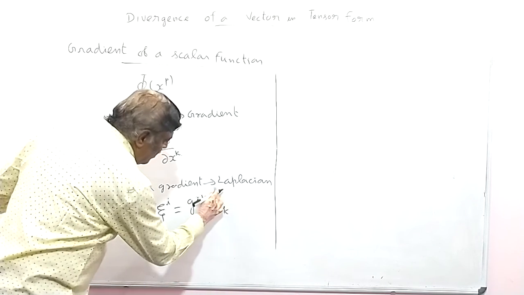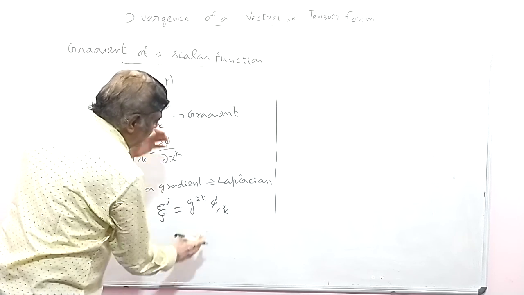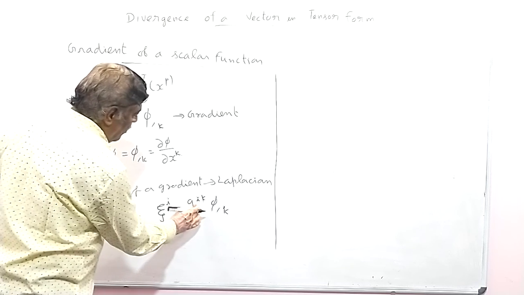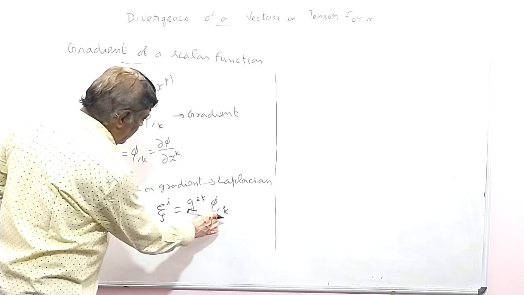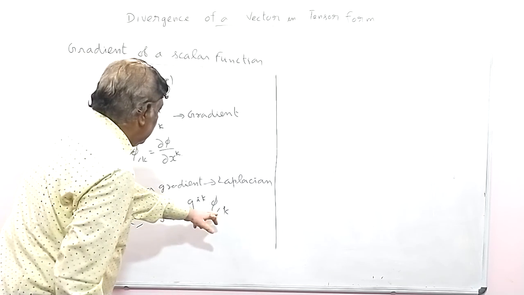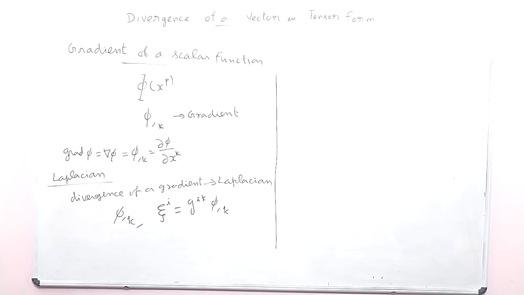So this is a covariant vector, in the covariant position. This is a raising of indices. If you multiply g ik with this, the index is raised to the contravariant position. So psi i is equal to this.